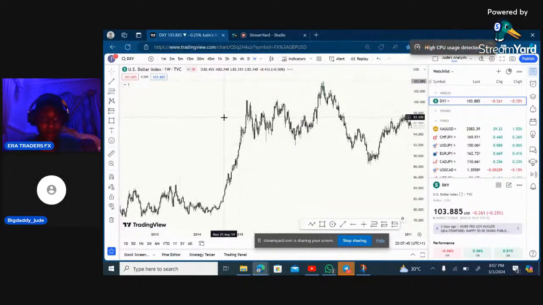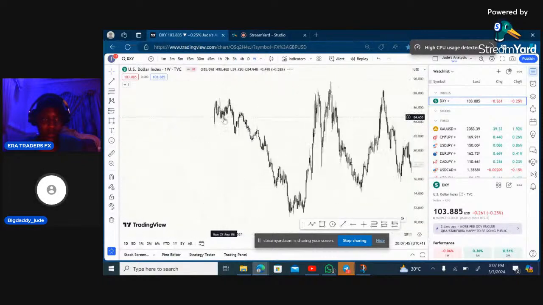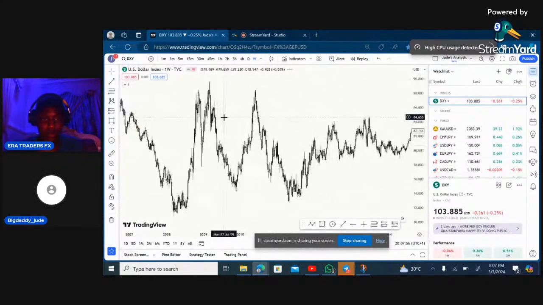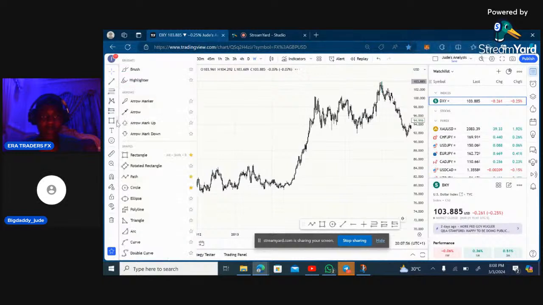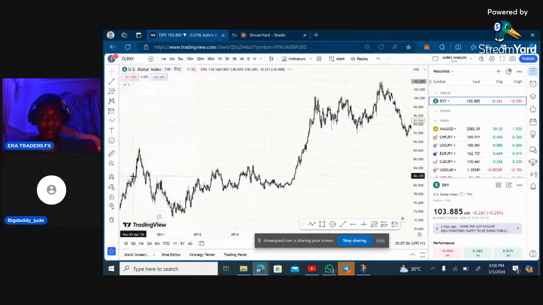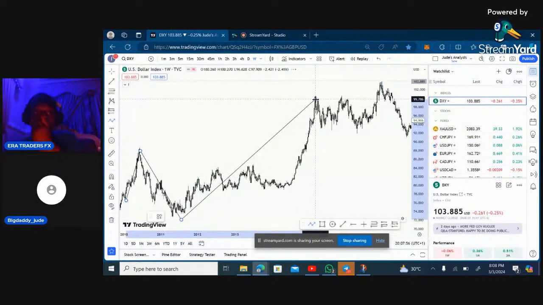Overall, I can see a series of higher highs, a series of highs being taken out. You see this movement, then a continuation.